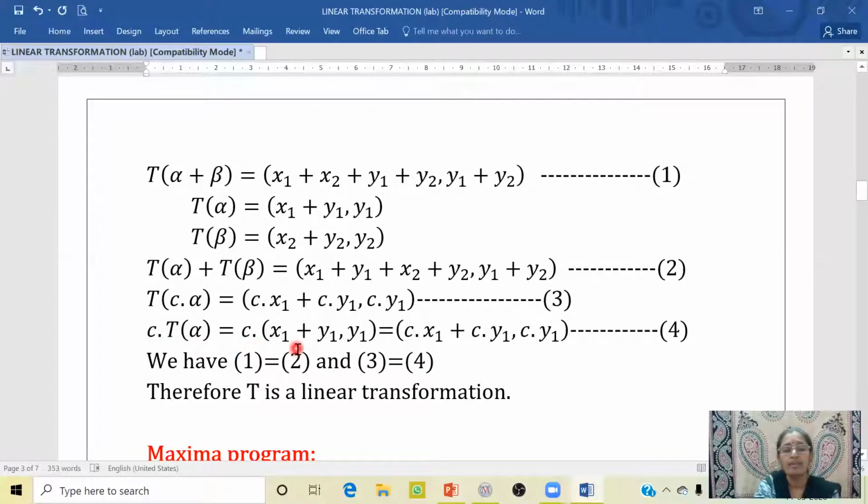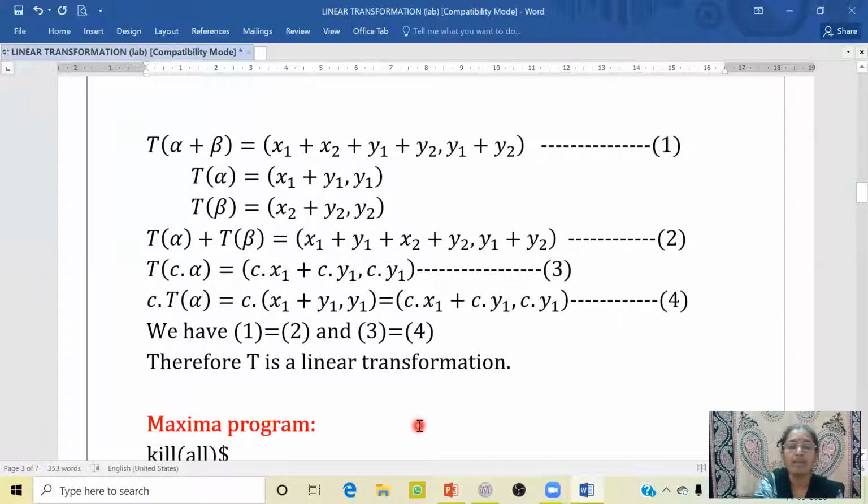We get C into x1 plus y1 comma y1, that is C into x1 plus C into y1 comma C into y1, mark that as expression 4. From 3 and 4, we can see that both the right hand sides are one and the same. Therefore, T is a linear transformation.